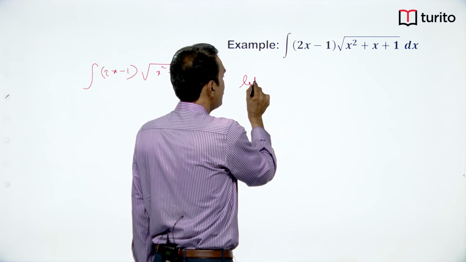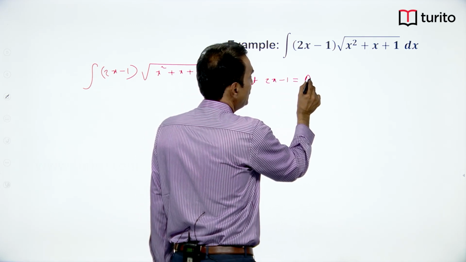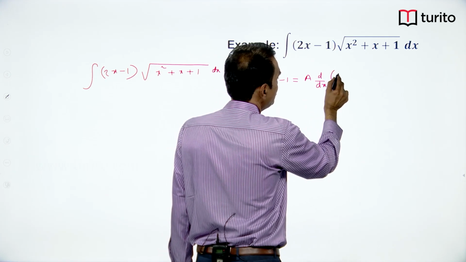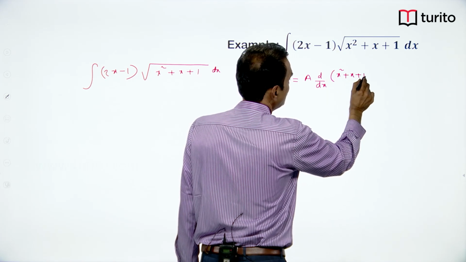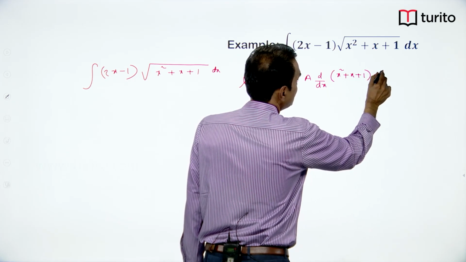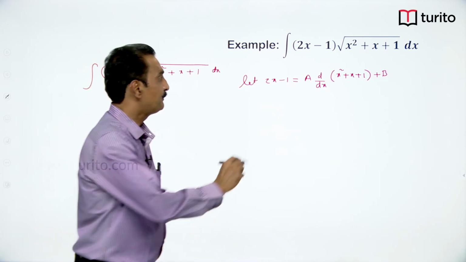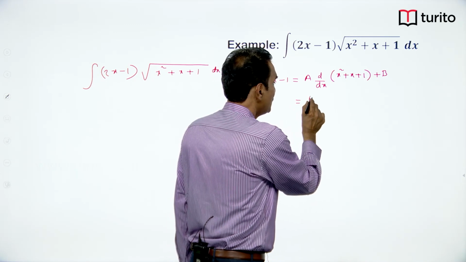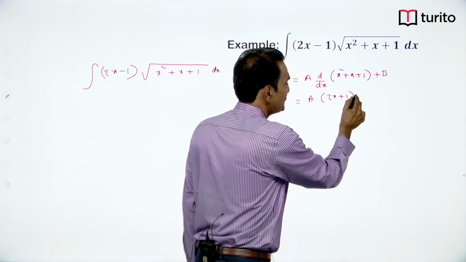Let 2x minus 1 be equal to a constant a into d by dx of x square plus x plus 1 plus another constant b. Now, derivative of x square plus x plus 1 is 2x plus 1, a into 2x plus 1 plus b.